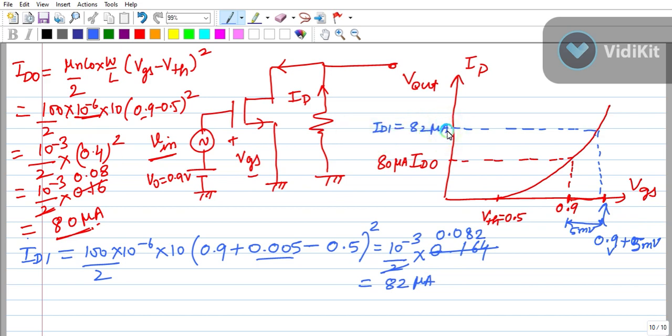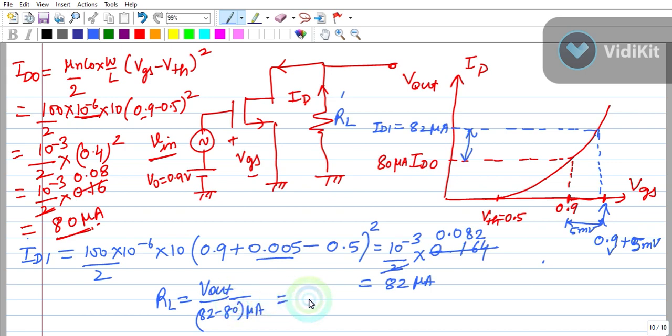Okay. So now let's calculate the RL. For calculating the RL, we have to take the difference of these two currents. That only we have to take. So RL will be equal to V out divided by 82 minus 80 microampere.